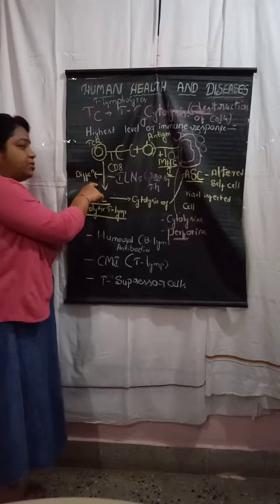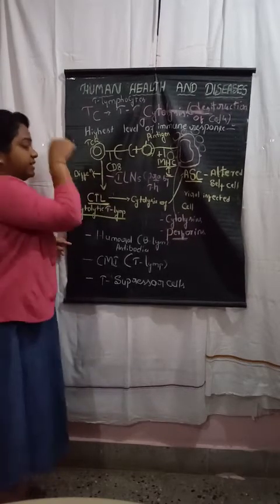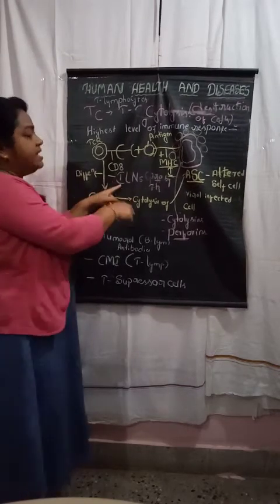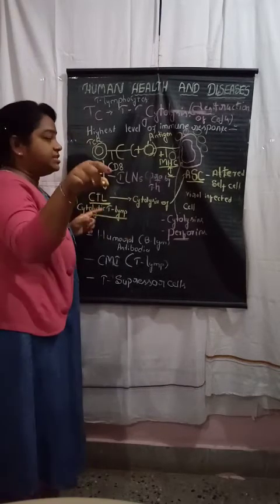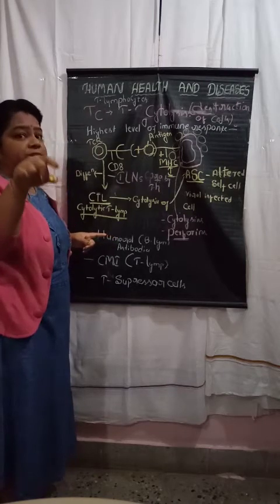Again, here the differentiation is done by whom? That is the chemical which is produced by the T helper cells. That's why T helper cells are very, very important in all types of immune response.